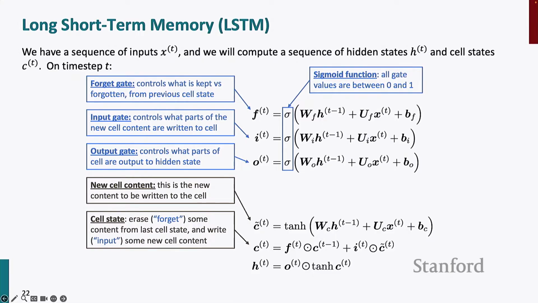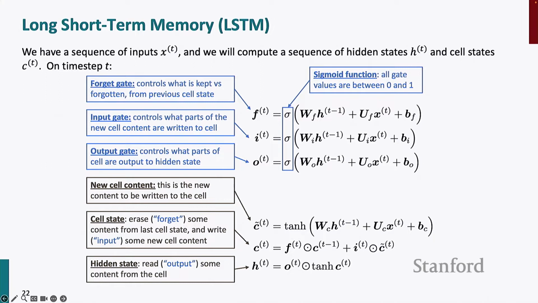And then the new hidden state is the Hadamard product between the output gate and c_t having been put through a tanh.